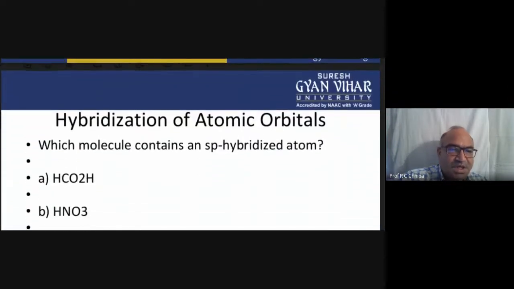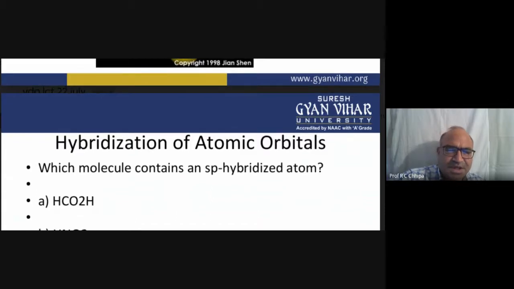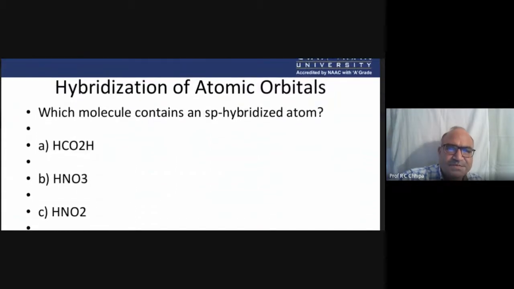So here are some of the questions on how we can explain what we have already discussed: sp3, sp2, sp hybridization. So how the different states of hybridization can be explained practically in various chemicals, what about the shape, what about the energy, and what about the type of bonding.